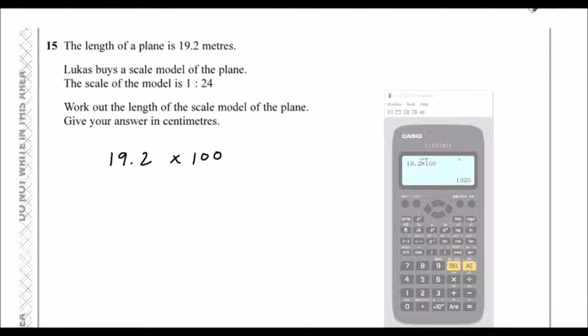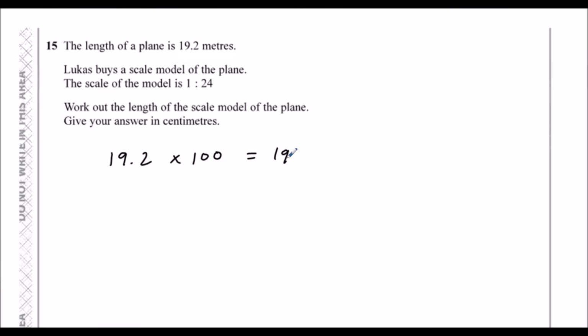is 1,920. So that's the length of the plane in centimeters, and the scale of the model is 1 to 24. So if we divide by 24, we will find how big the scale model is.